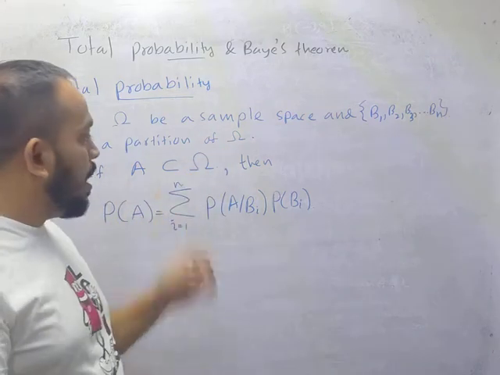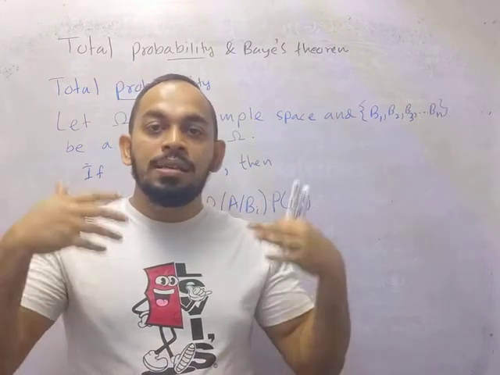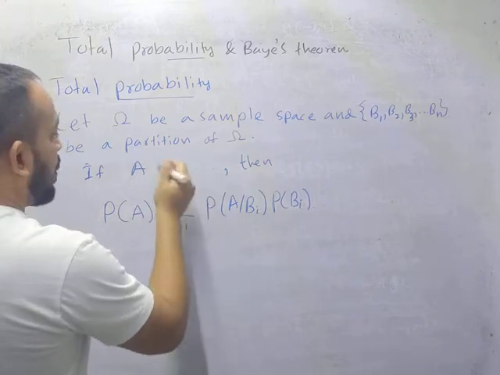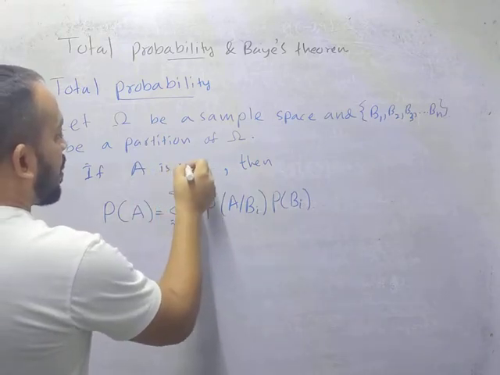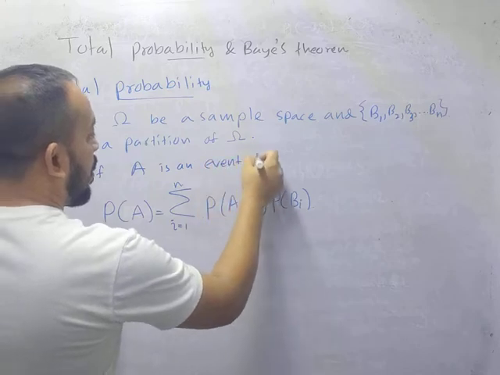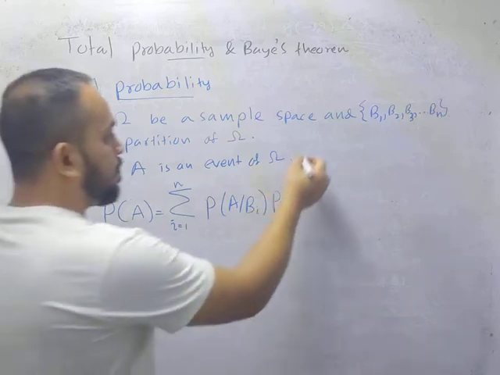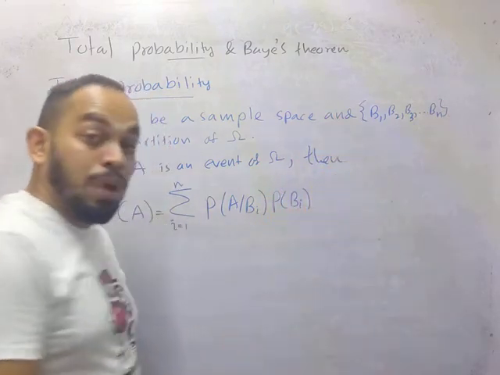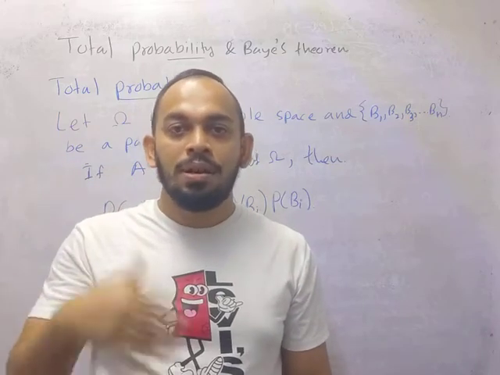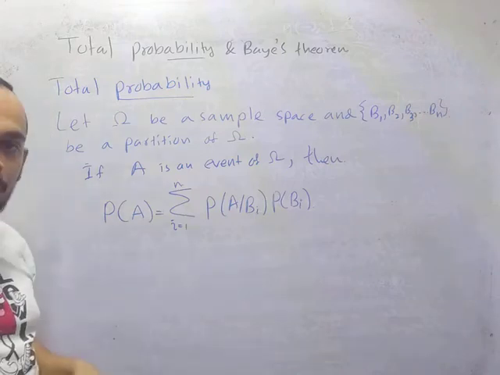Now, if A is an event of omega, then the probability of A, now we are inserting probabilities, not sets, can be obtained by this formula.